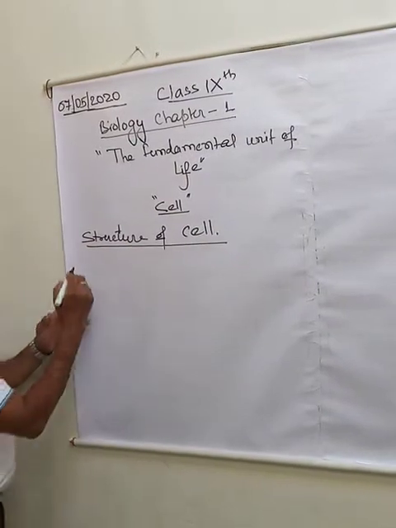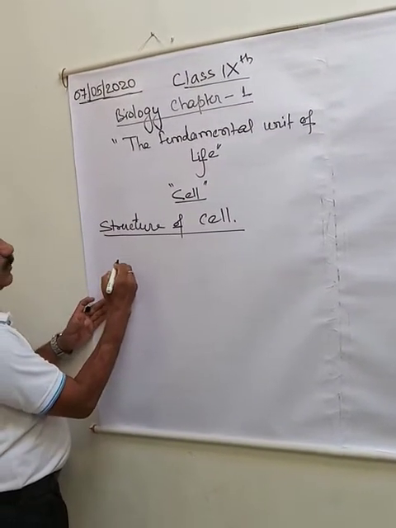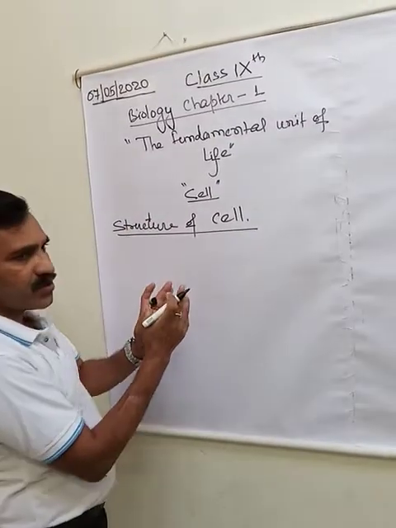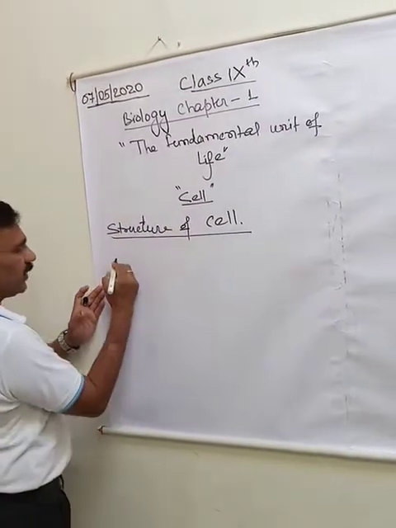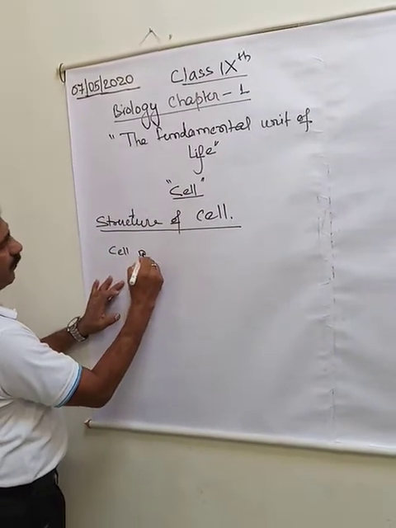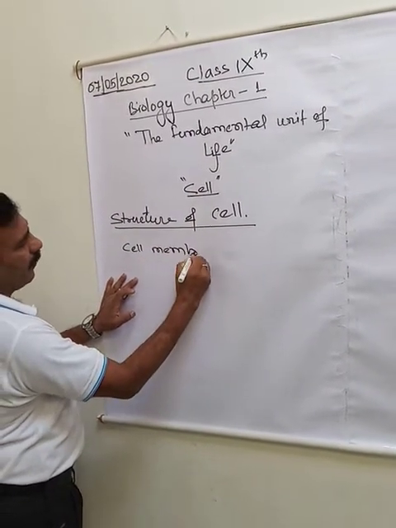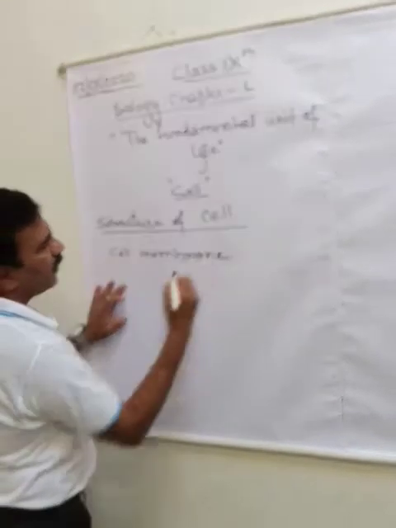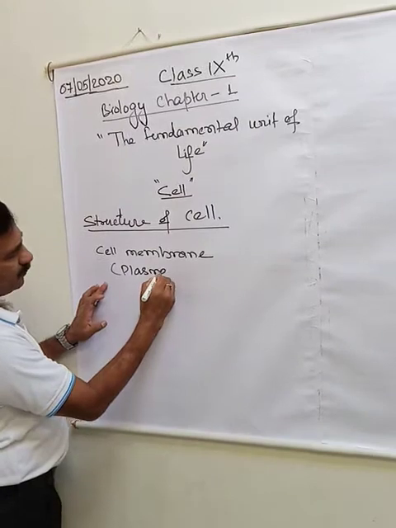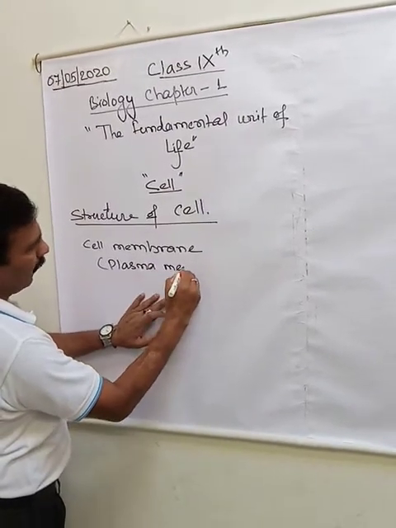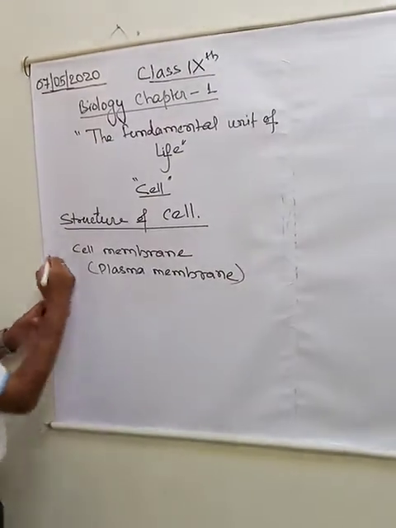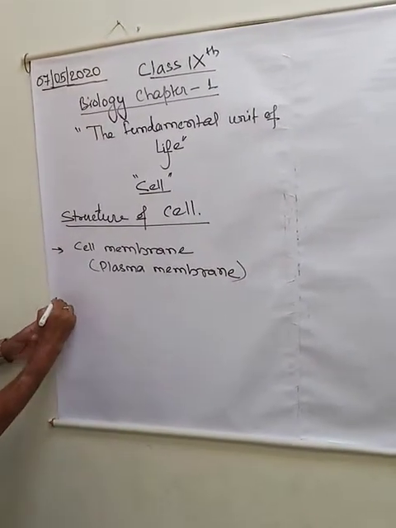Dear students, a cell typically has three components. That means the constituents of a cell are of three types. First is cell membrane. It is also called plasma membrane. Second is cytoplasm.